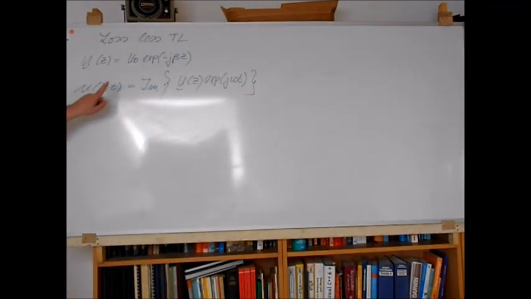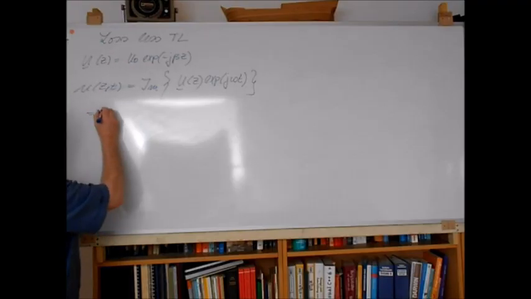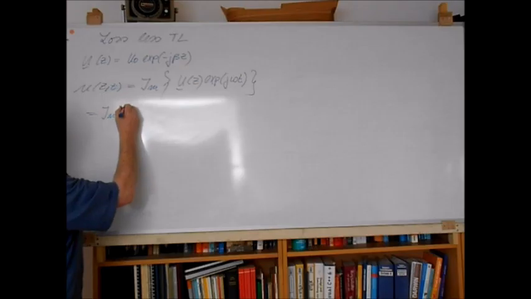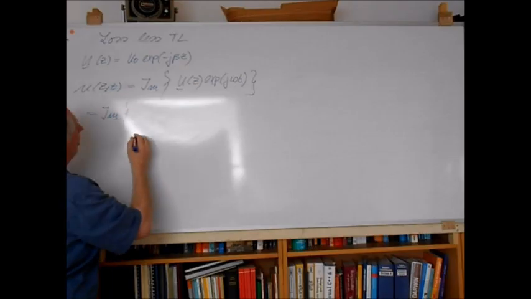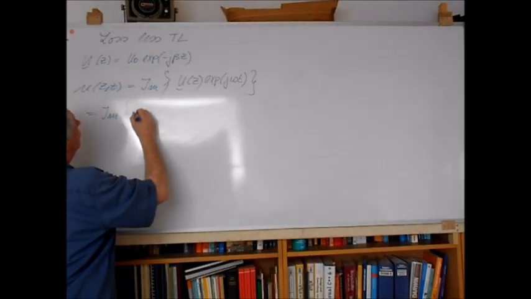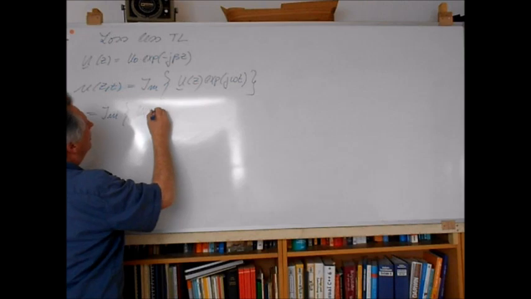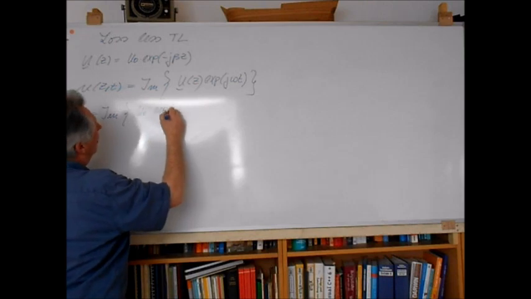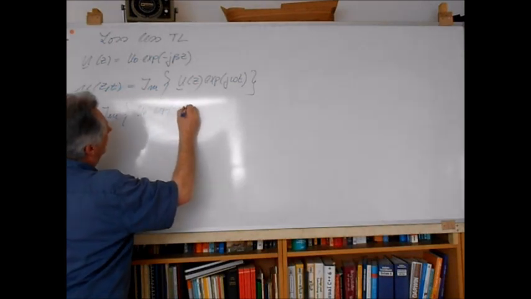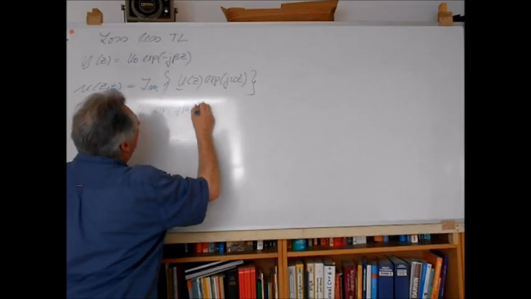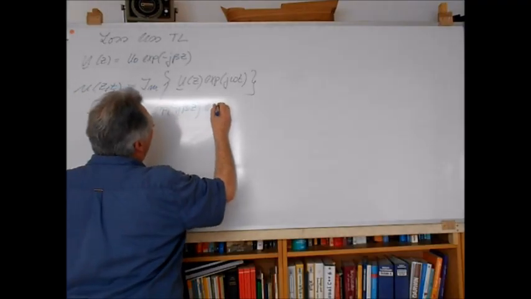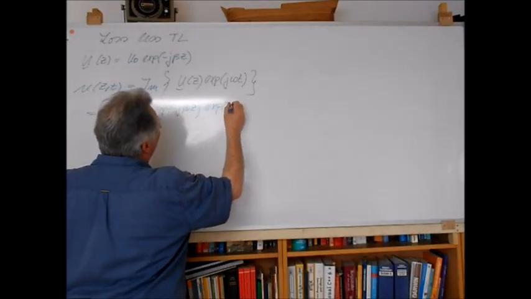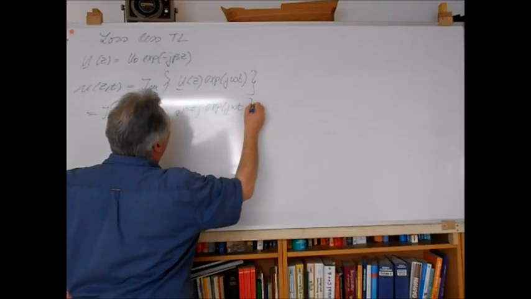In our case, we will assume again that the voltage here is real, which means we can write this as the imaginary part of u naught times the exponential function of minus j beta times z times the exponential function of j omega t.